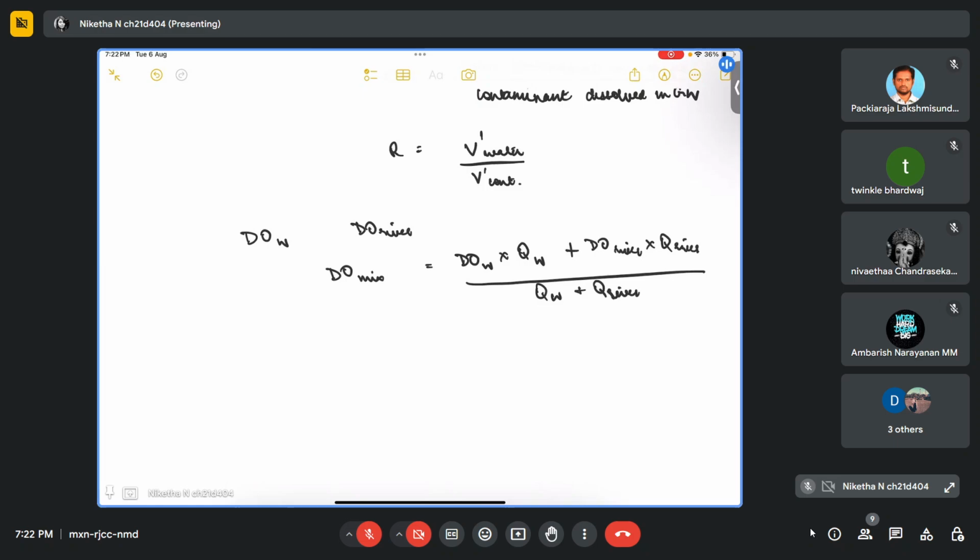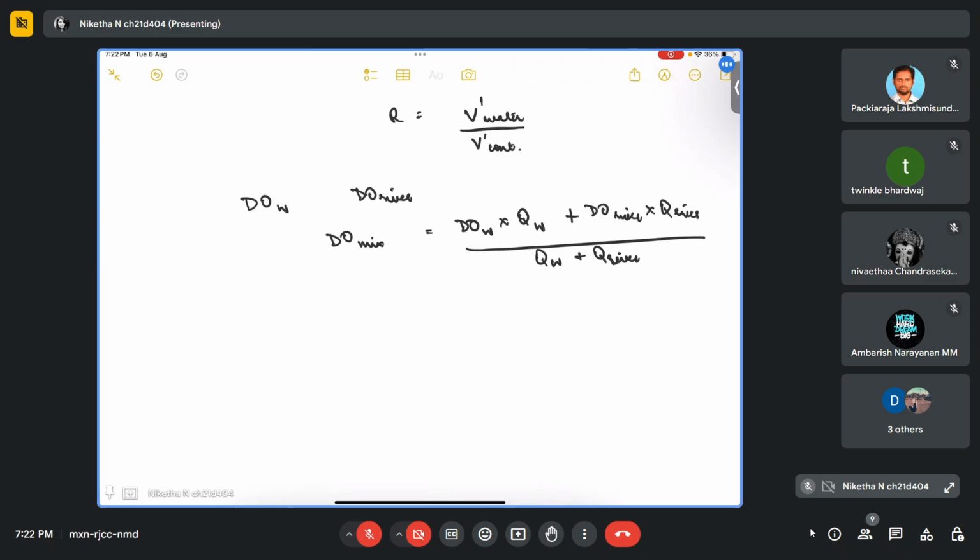Now, once it is completely mixed, if we assume that the initial concentration present in the river was equal to the saturation concentration, which is let's say around 9 milligrams per liter, then there is going to be a deficit because the DO of the waste stream was less. That is why when it mixes with the river water, the resulting DO of the mixture is going to be lesser than the saturation concentration.